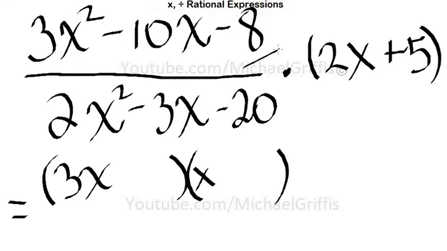It could be 1 and 8, or 2 and 4. If I put a 2, that's going to be 6.